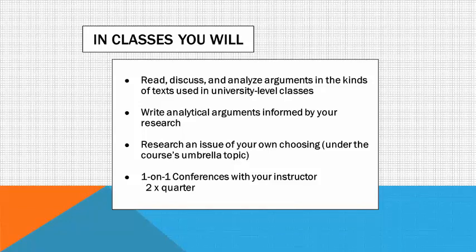Also, you will research an issue of your own choosing under a particular course's umbrella topic. And all of our 125 courses and 50 courses have different topics. You also will have one-on-one conferences with your instructor 2 times a quarter. In lieu of classes for 2 weeks, you have conferences. So that gives you some one-on-one time with your instructor to talk about your writing. And you could have, you're going to 2 classes that week.